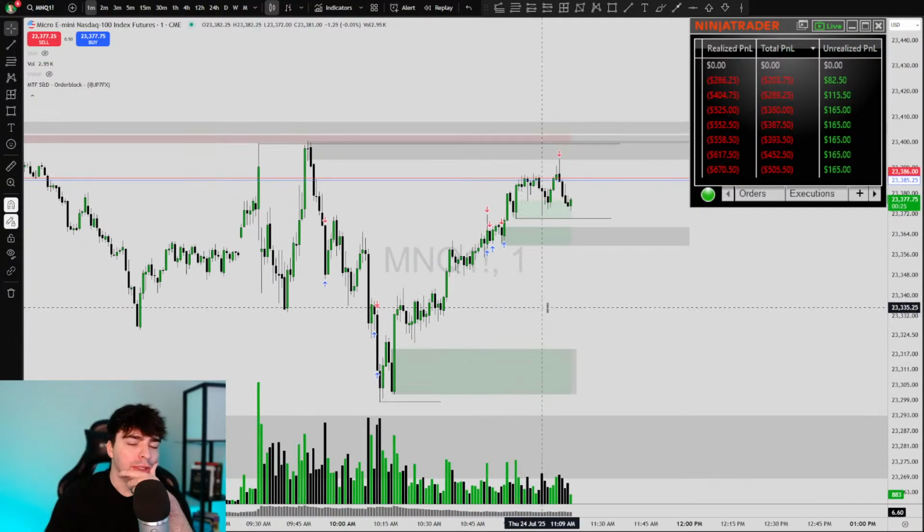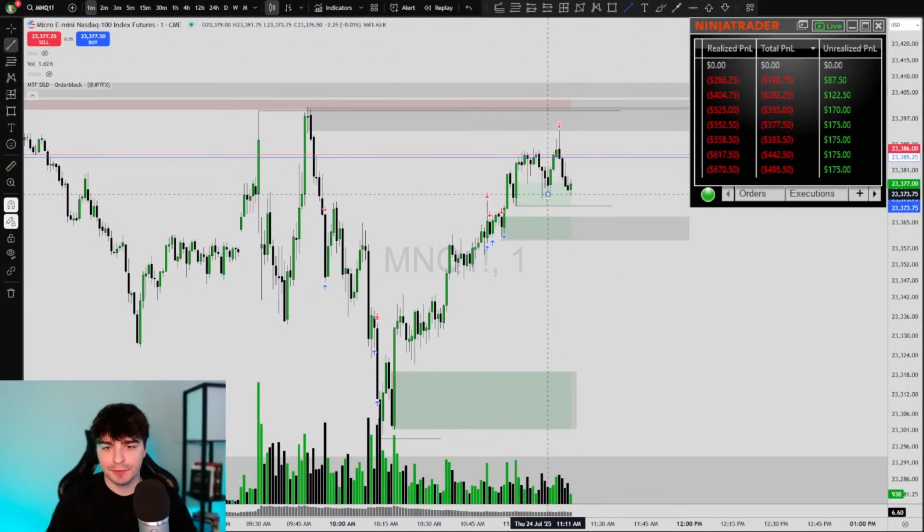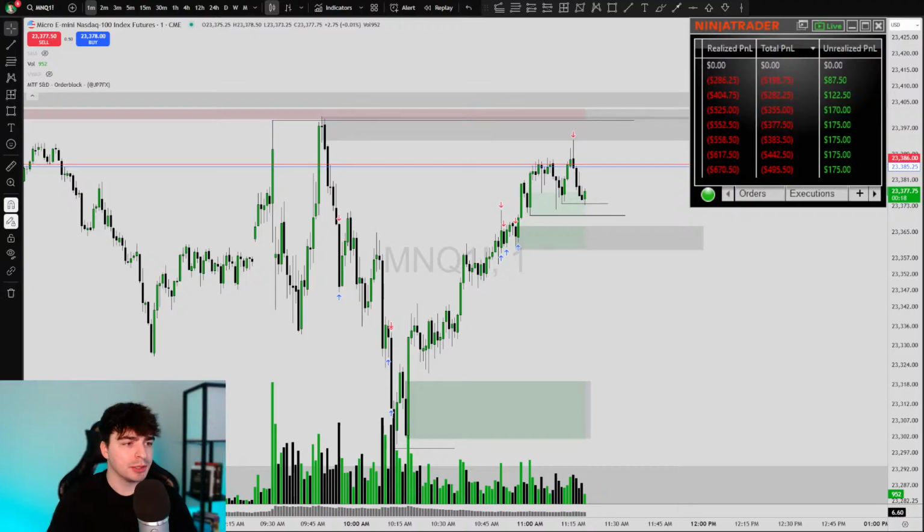May hold this zone here. Just took out these lows and had a pretty strong rejection there.